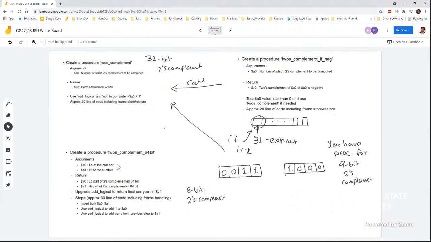You invert the bit pattern for 2's complement on 4-bit, and add 1 on top of that, right? So this is 1 plus 1, 0, 1 plus 1, 0, 1 plus 1, 0. This is 1, 0, 0.